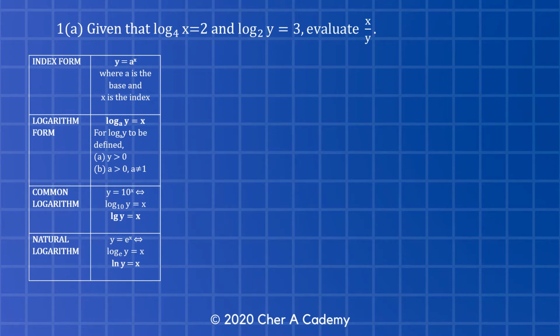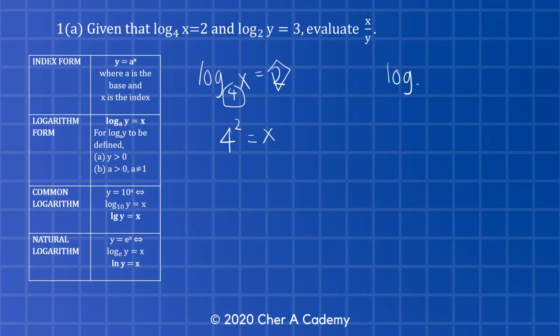So I'll start with log base 4, x is equal to 2. This is my base and this is my kite, right? So my base here, my kite on top, will be equal to x. So this is a very easy change to the index form.